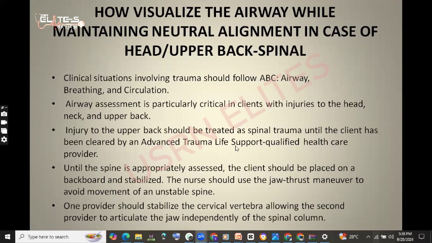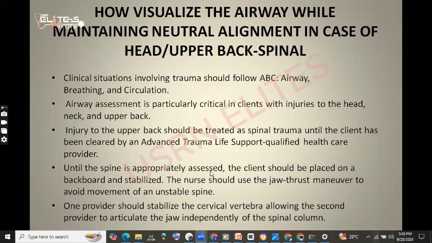So until that aspect has been ruled out, treat it as spinal trauma. So you ask yourself, how do you handle airway in someone with spinal trauma?